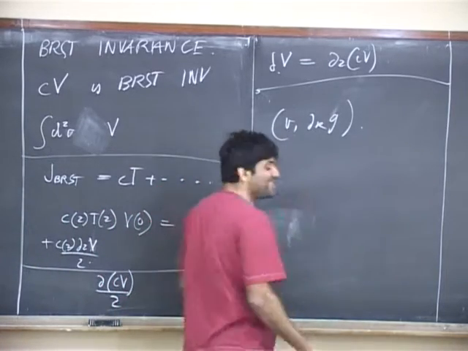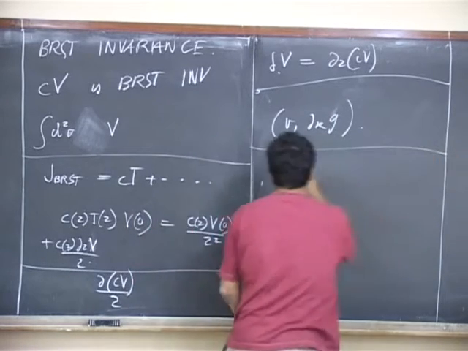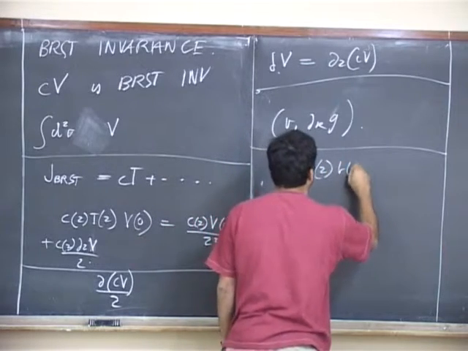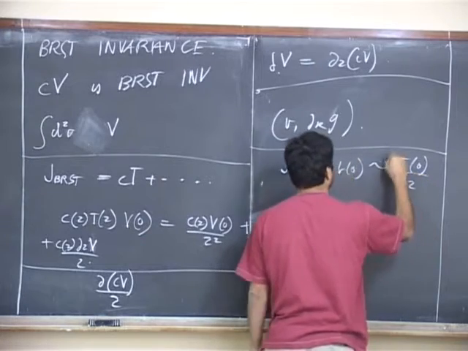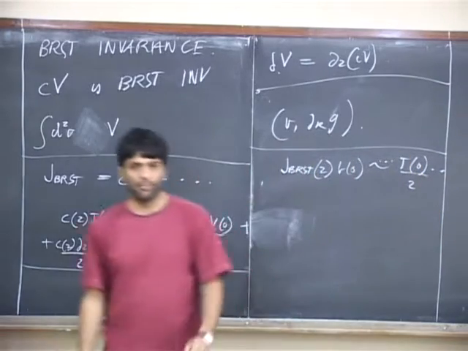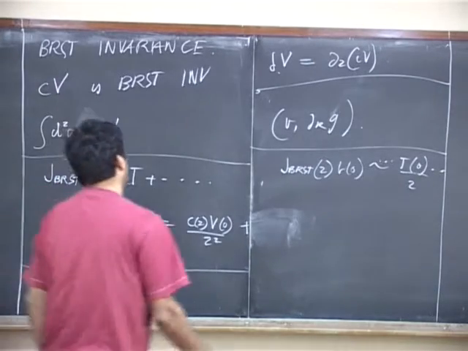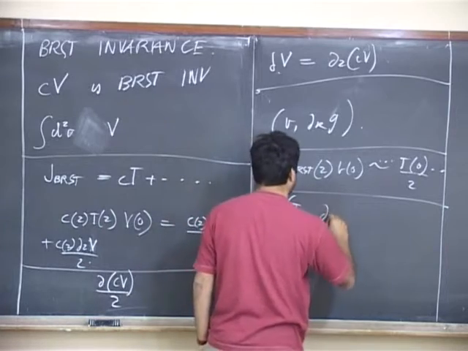Well, the change in B is T. Right? We repeatedly use the fact that J_BRST(z) times B(0) goes like T over z. There's stuff before and stuff after, we will only get this. Okay? So this change is of the form T times ∂_k g.